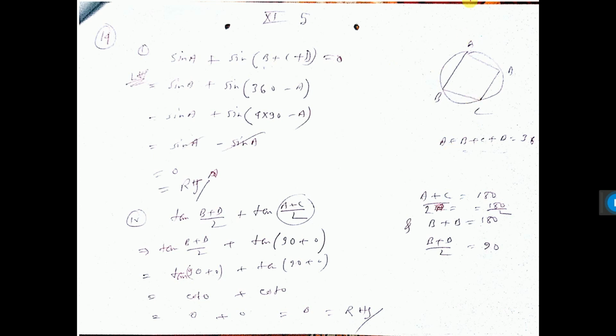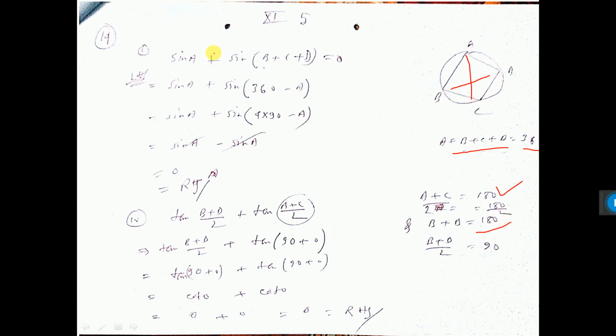Now see, it is told ABCD is a cyclic quadrilateral. That means A plus B plus C plus D is 360. And you can write A plus C equal to 180 and B plus D equal to 180, because this is a cyclic quadrilateral.